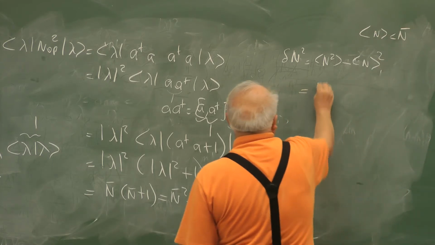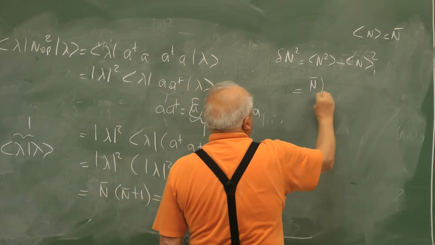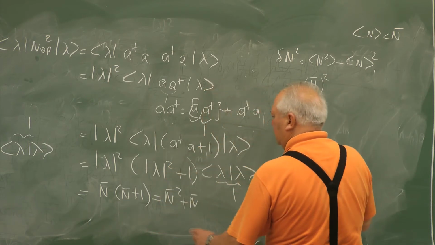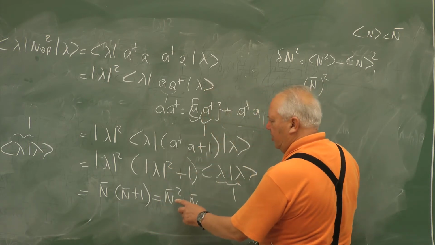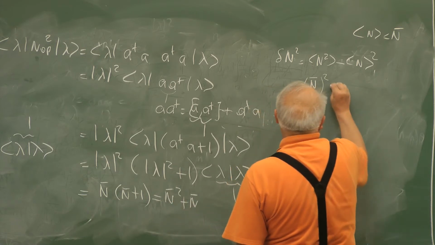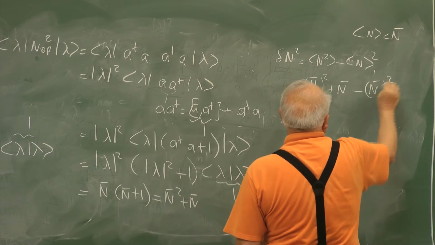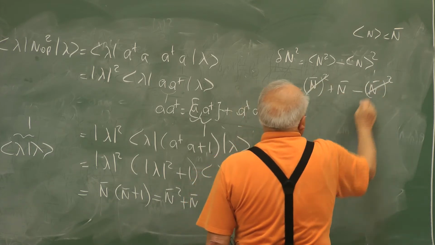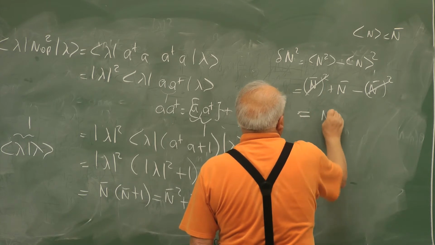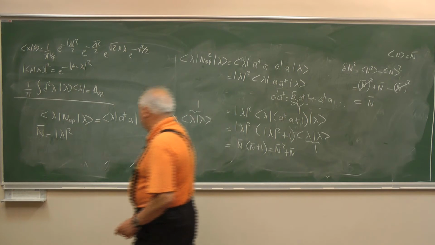So it is n bar square plus n bar, which we just calculated, minus n bar square. So they cancel. The result is simply n bar. So I can write these relations here.